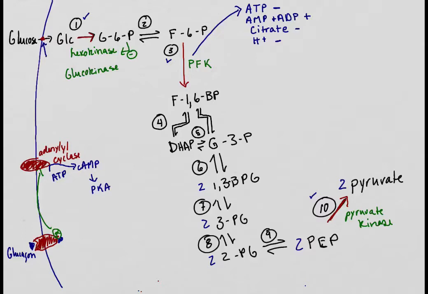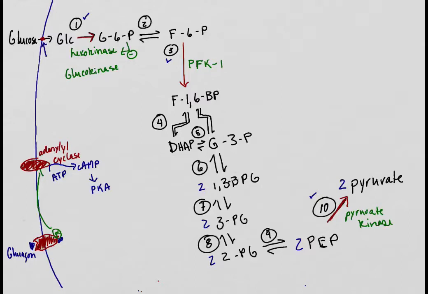The biggest portion of the regulation actually comes into play when we're thinking about the fact that, and I'm actually going to erase this just to make room, we need to think about the fact that fructose 6-phosphate can get acted on by another PFK enzyme, not PFK1, but PFK2.